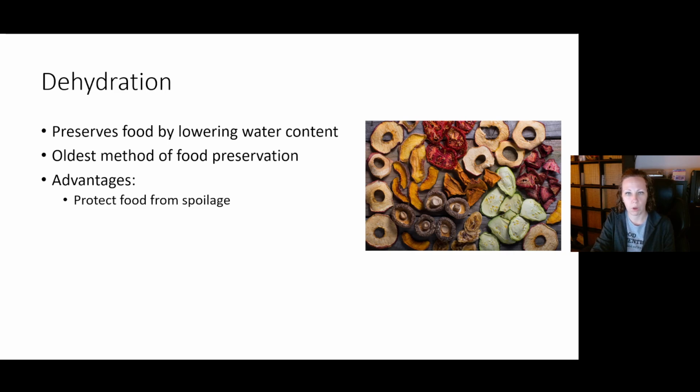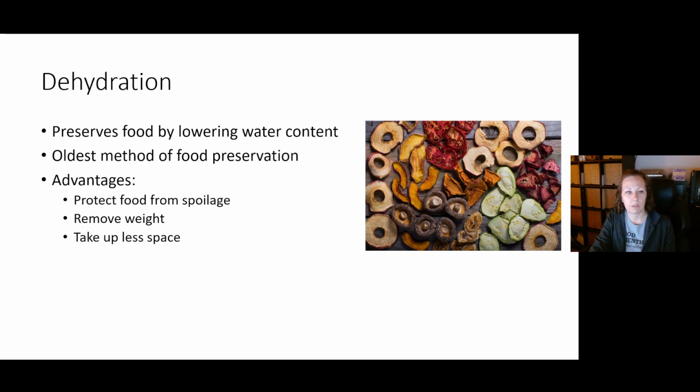You remove the water, microbes can't have access to the water, and so they don't grow. It also removes weight, so it's easier to ship products, easier to carry products if you're going hiking or camping or on some other kind of trip. They take up less space. You remove the water and items shrink down.